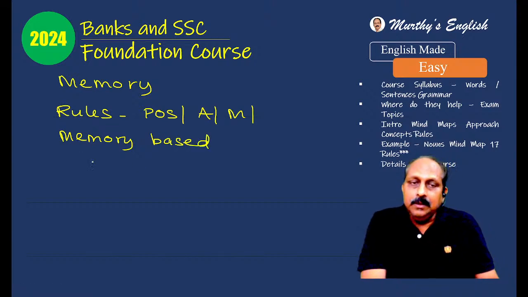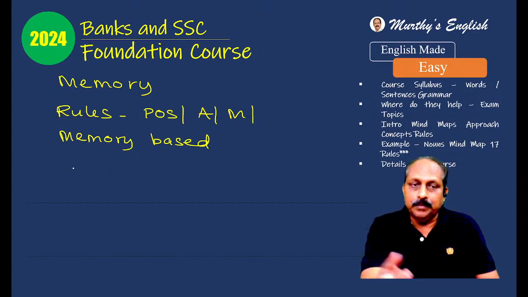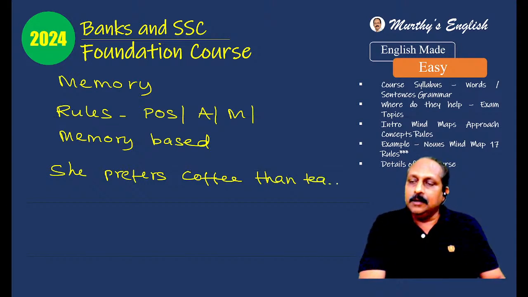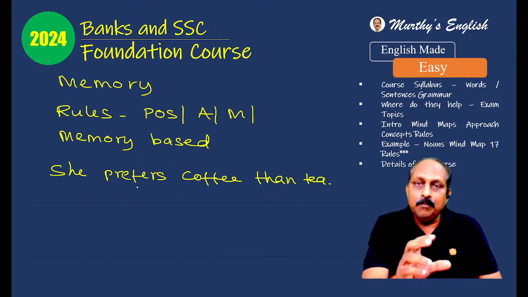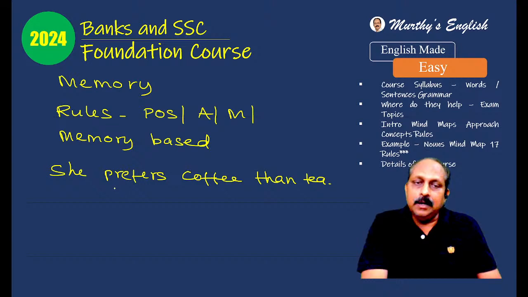For example, if I say the verb prefer takes the preposition to, in the exam, she prefers coffee than tea. Answer my question, is this sentence right or wrong? Already you have memorized prefer to. Based on that, the moment you see the word prefer, she prefers coffee, you know it is not correct.